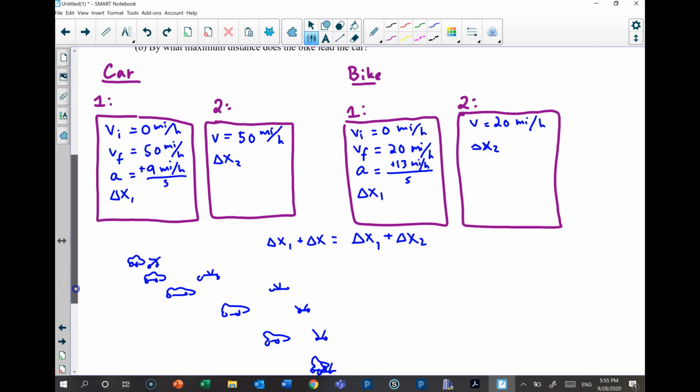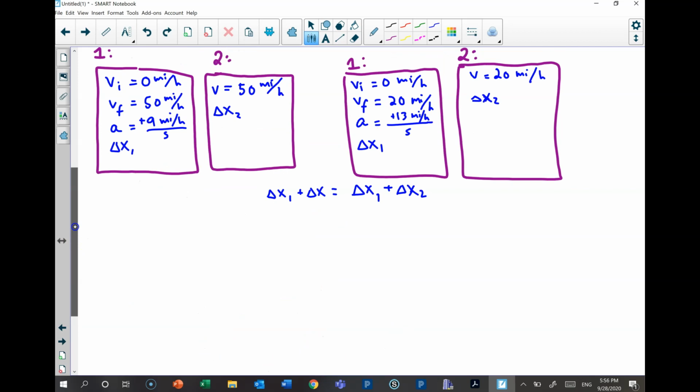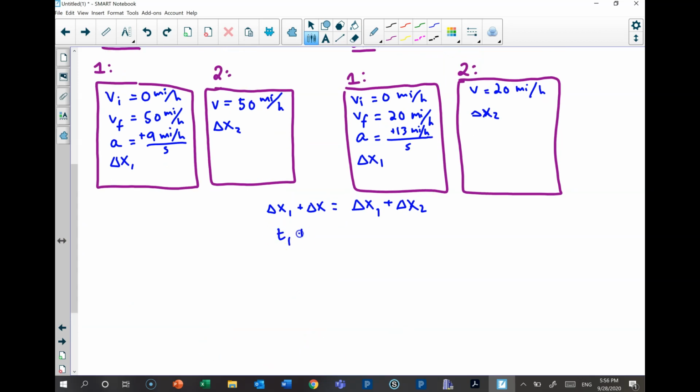Okay, is there any other quantity that's the same? The total time also is the same, because they start at the same time and they meet back up at the same time. So the time it takes is the same for both vehicles. So T1 plus T2 for the car would equal T1 plus T2 for the bike.